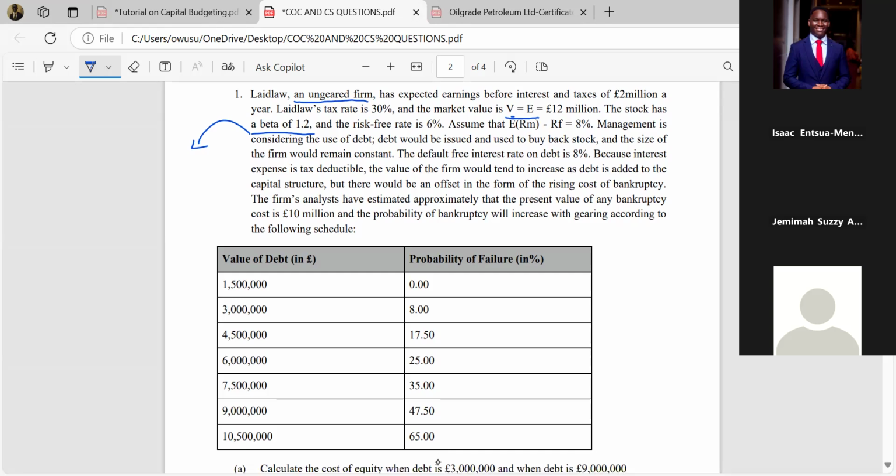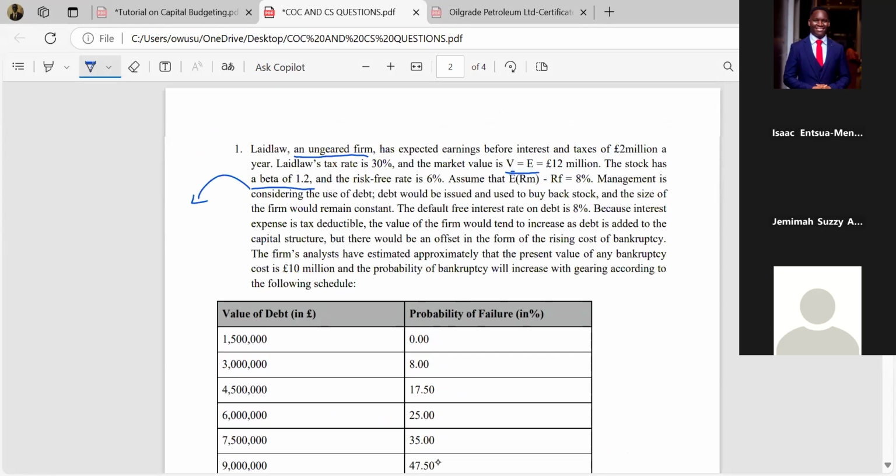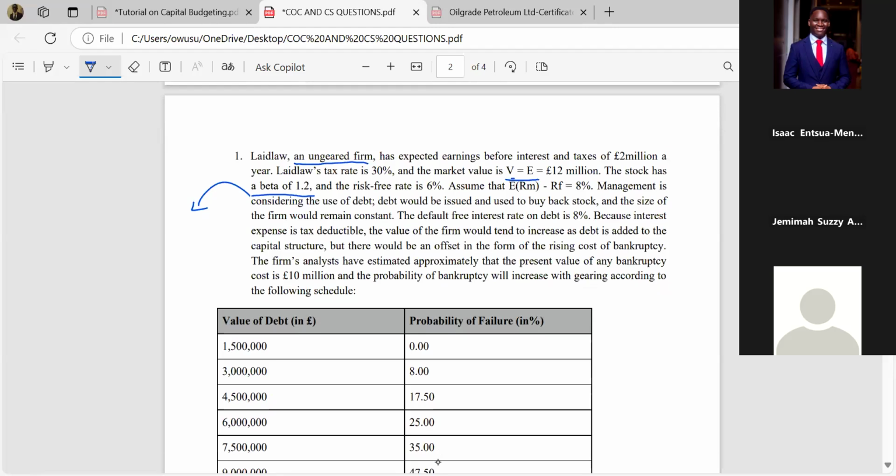So if you come down and they tell you to calculate the cost of equity when debt is 3 million and when debt is 9 million. Now, in here they tell you that management is considering the use of debt. Debt would be issued and used to buy back stock and the size of the firm would remain constant.